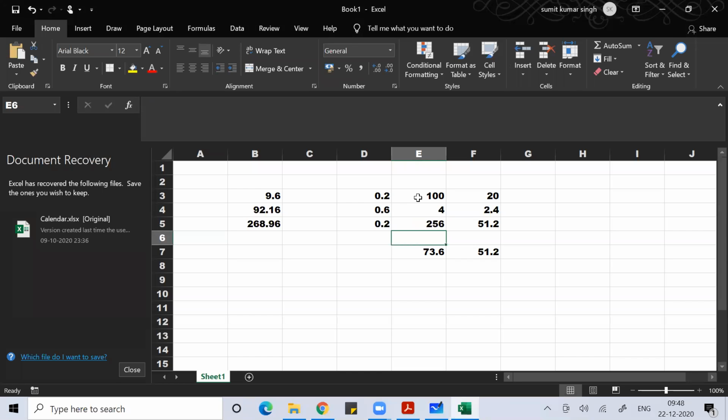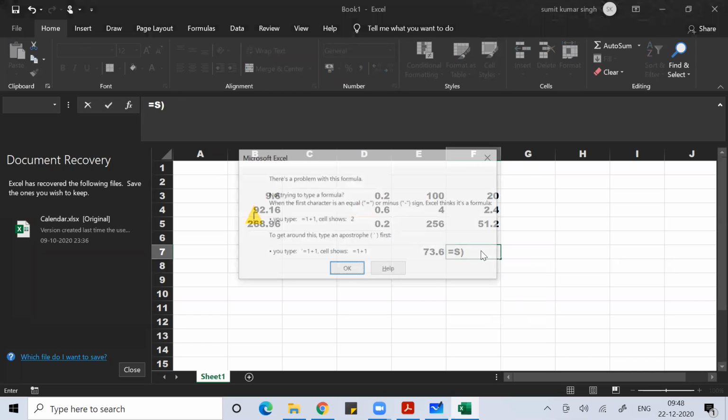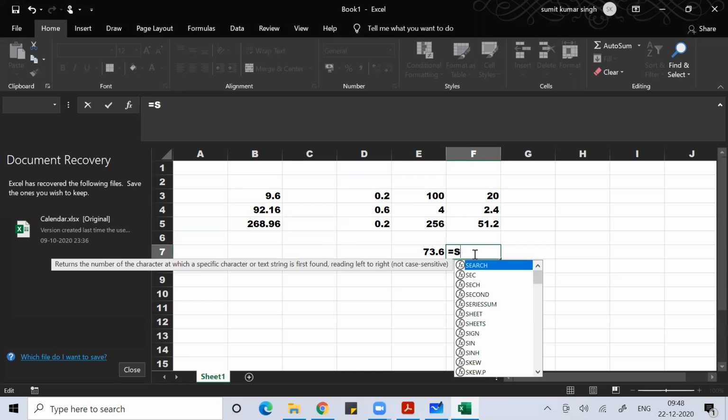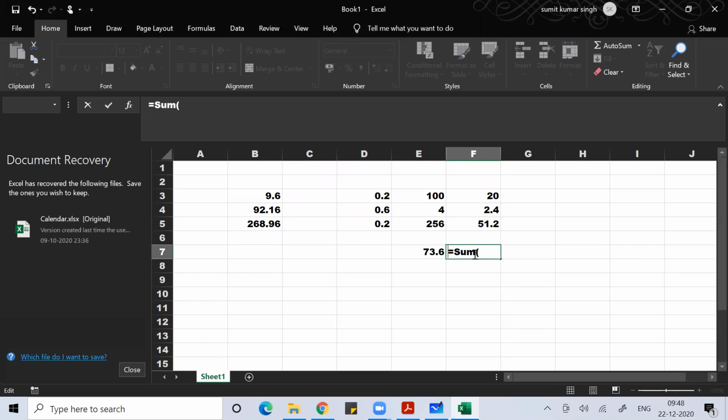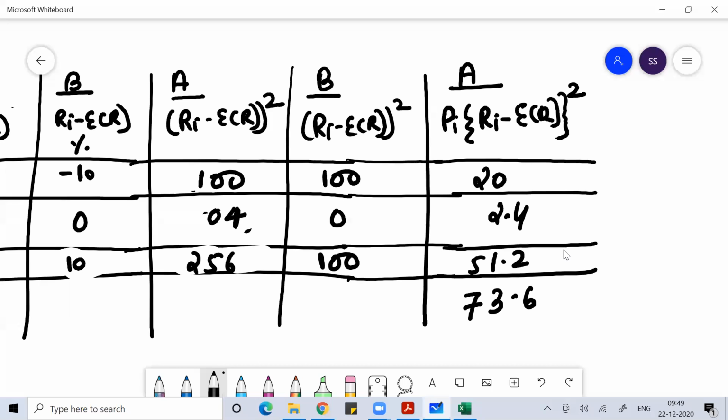Clear everyone? Then it is 100, 100, 0, 100.